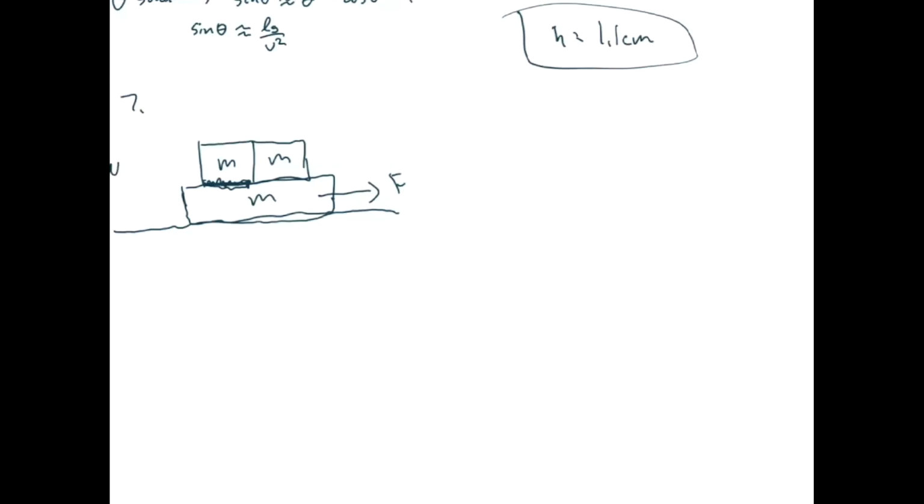This surface has friction with coefficient of friction mu s. This surface here. But all other surfaces are frictionless. So what we're asked is, what is the minimum value of mu s such that these boxes don't slip with respect to each other?